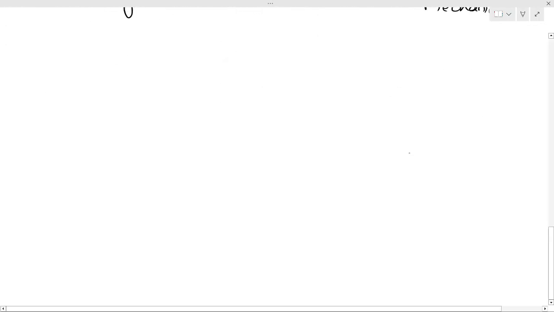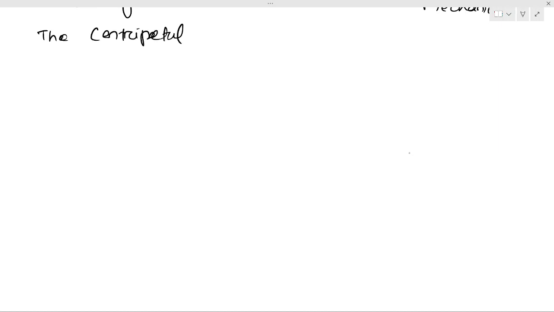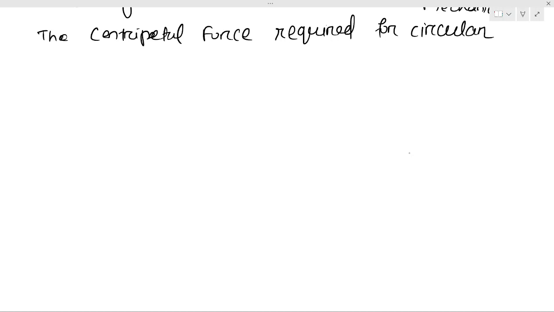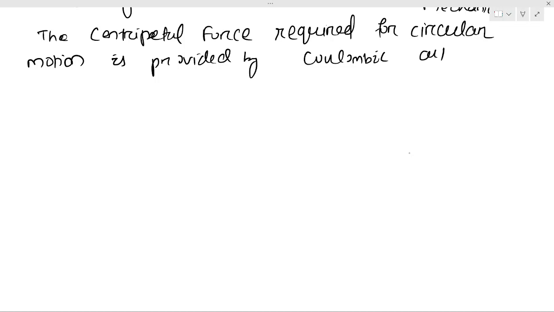Okay, so here we draw a conclusion from his first postulate, that is the centripetal force required for circular motion is provided by Coulombic attraction of the nucleus on the electron.